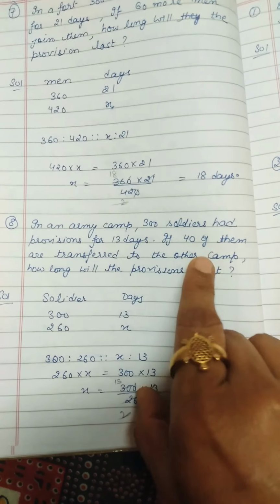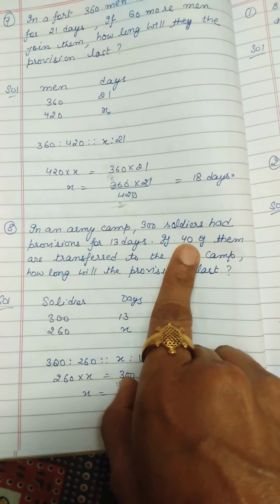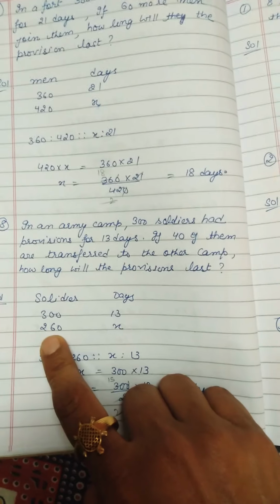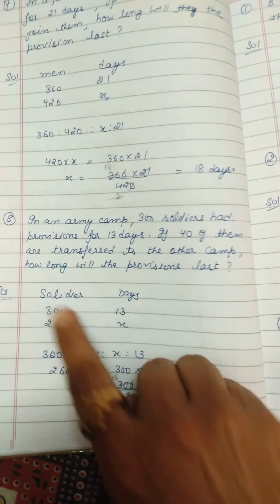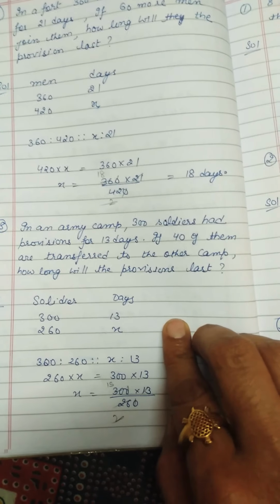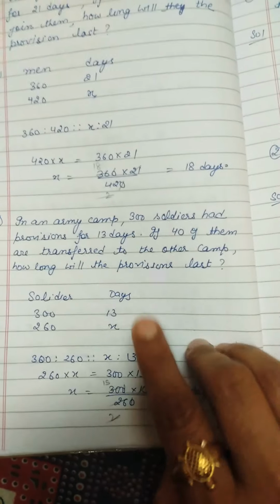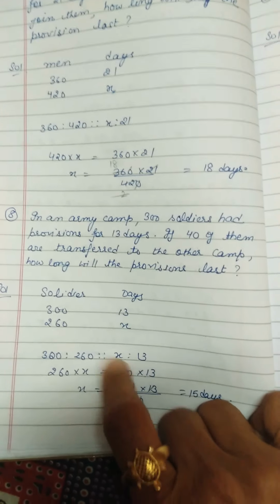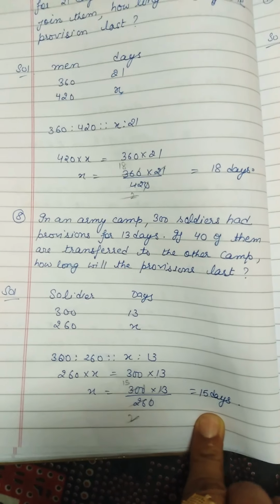Firstly we have 300, now 40 left, so 300 minus 40, 260 remain. The number of soldiers is less, so the provision can last for more days, because consumption will be less. So this is indirect variation. In indirect variation, the x should be in the third position. Product of extremes is equal to product of means. You get 15 days.